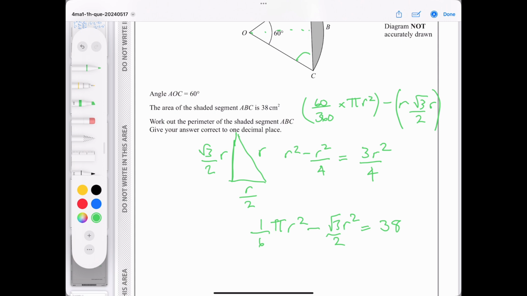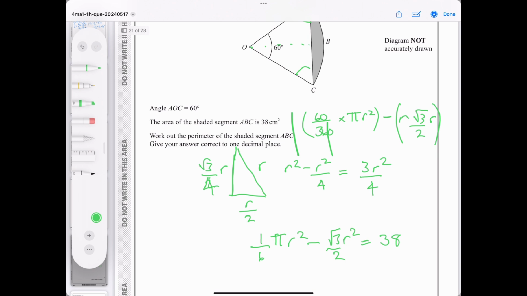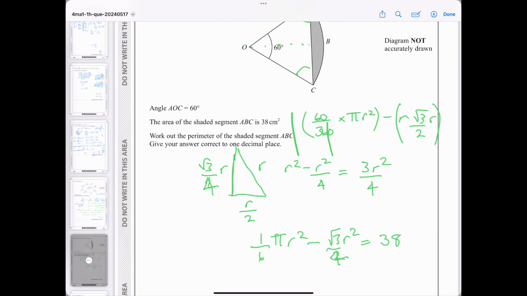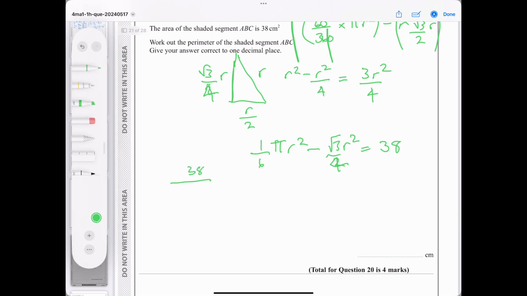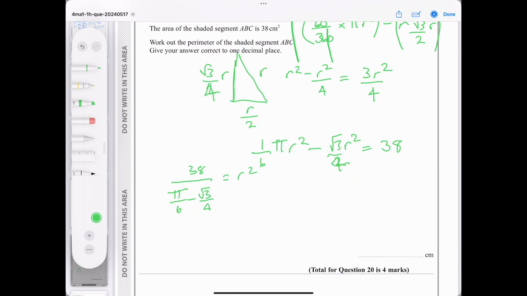Ooh, that seems highly unlikely. In fact, if we look at this, we know that 38 divided by pi over 6 minus root 3 over 4 equals r squared.